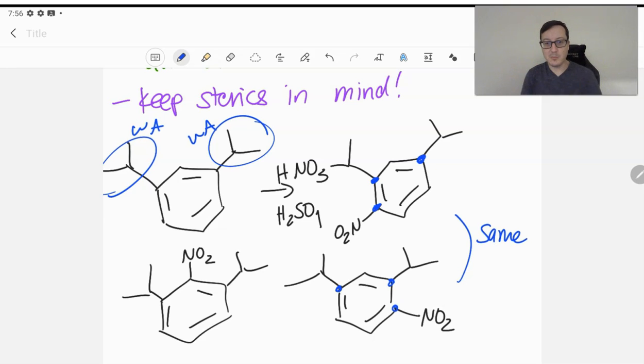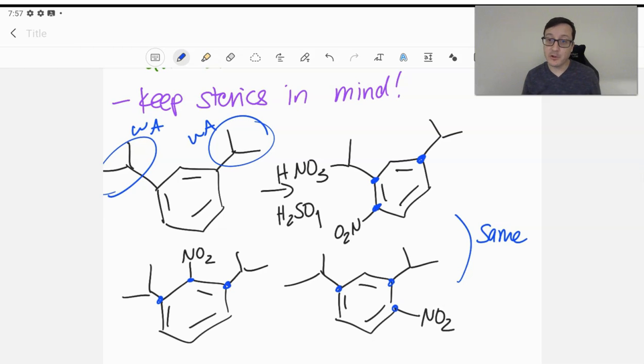You just flip it around, poof, now they're the same molecule. So really, we only have two choices, right? We can put it on that down position, ortho to one, para to the other, or we could put it in between. And when we see, okay, well, it's ortho to both, seems reasonable. It's ortho to both positions.